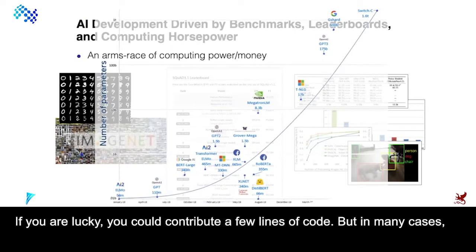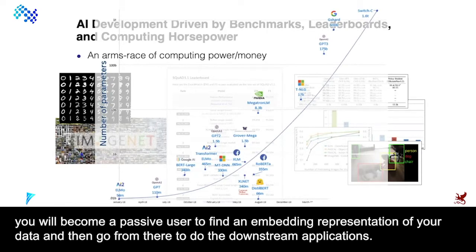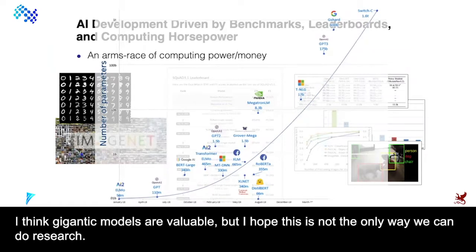If you are lucky, you can contribute a few lines of code, but in many cases, you will become a passive user who finds an embedding representation of your data and then goes from there to do the downstream applications. I think gigantic models are valuable, but I hope this is not the only way we can do research.